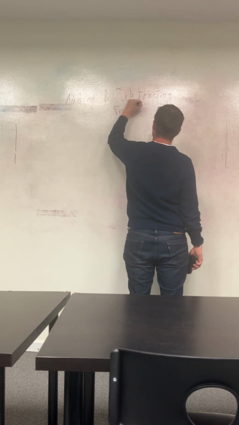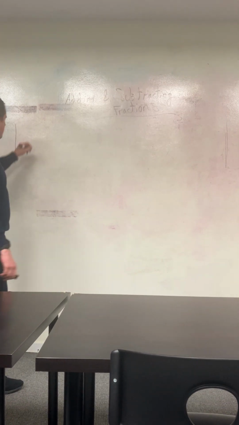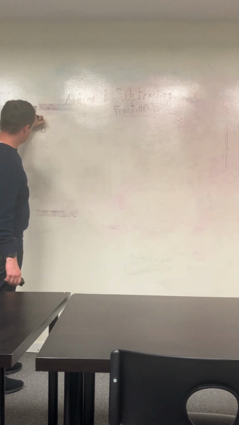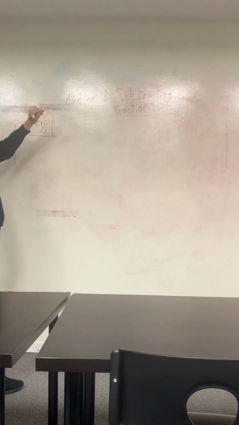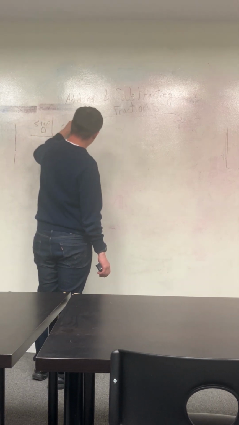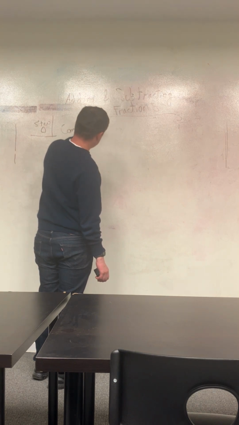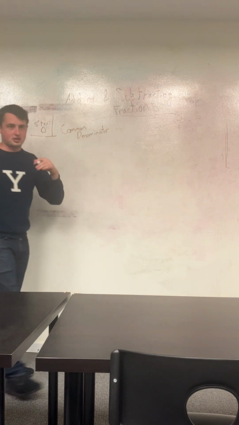I'm going to call this step 0, because before you can do either of these things, they have to have the common denominator. Remember what I said: don't ever try to deal with them if they don't have the same denominator. The fraction jail's coming for you. If they don't, then you need to find the common denominator.